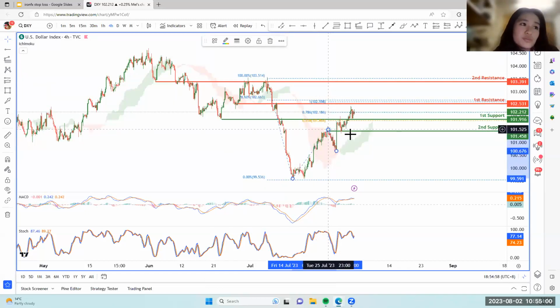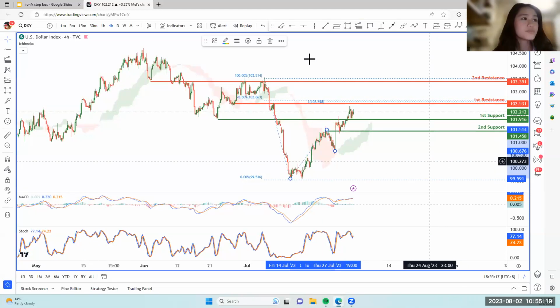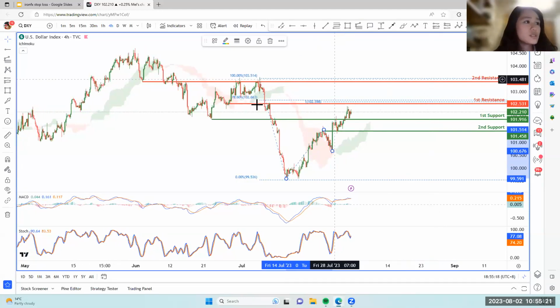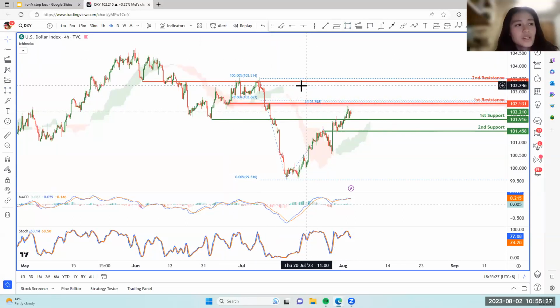Price has surpassed our 61.8, so this is no longer valid even though it lines up with our first support, but our 100% lines up with our first resistance. So I'll be keeping that as well. This is a significant area for us to take note of. I think that's it.